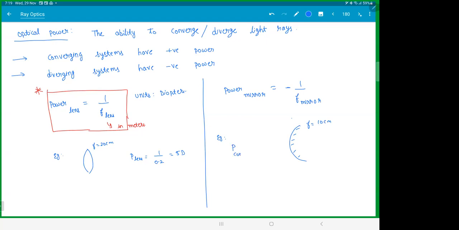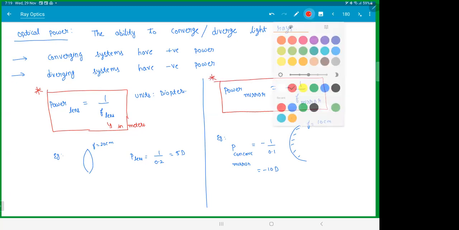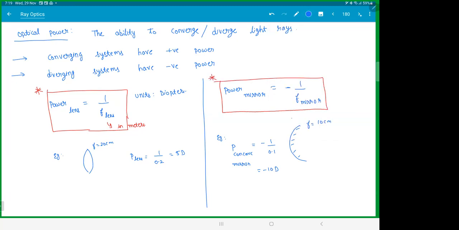The power of this mirror is minus 1 by f, here f is 0.1 meters, so minus 10 diopters. So even mirrors have power. So be careful, mirrors will have a minus sign, lenses will have a positive sign: plus 1 by f for lenses and minus 1 by f for mirrors. Oh, even in physics it is there. Do check this out.